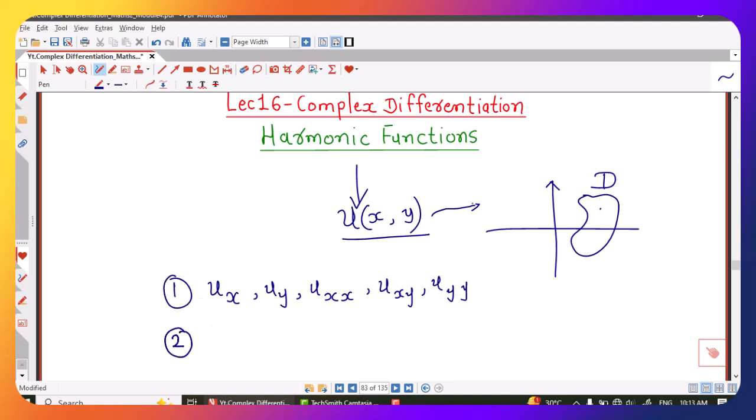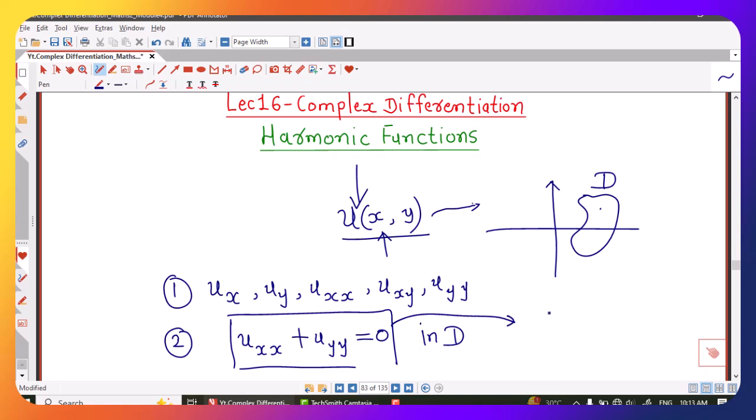The second requirement is that this real function u satisfies the equation del square u by del x square plus del square u by del y square equal to 0 in domain D. This equation is a special type of equation, known as the Laplace equation.